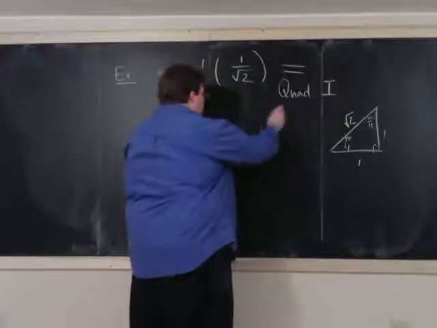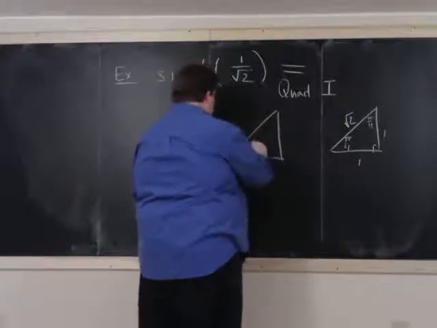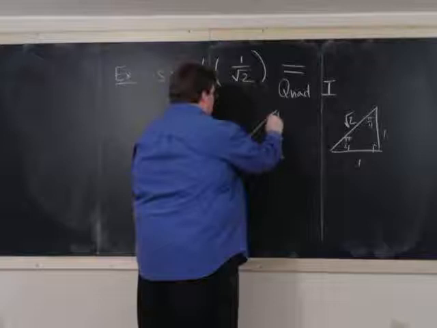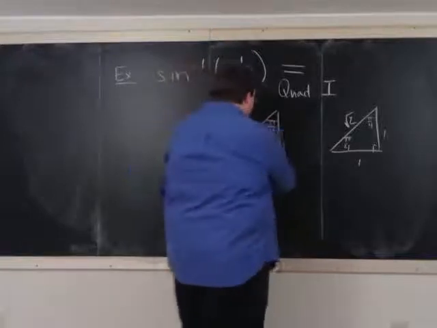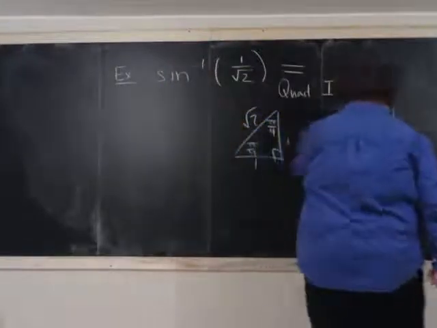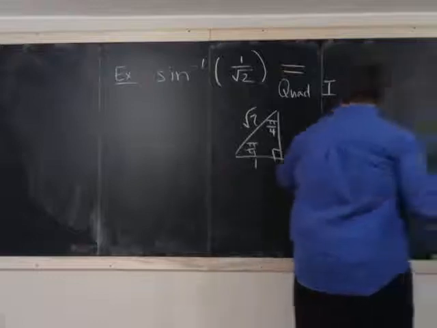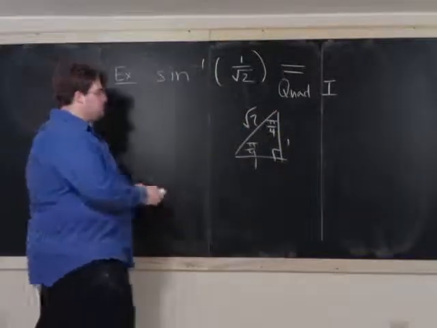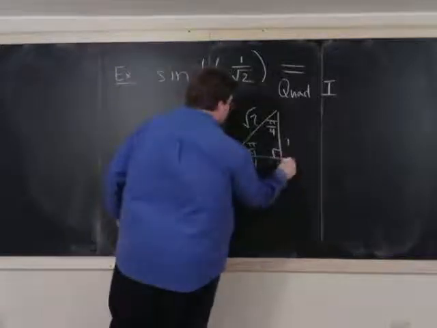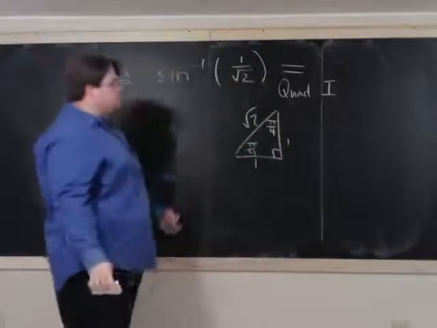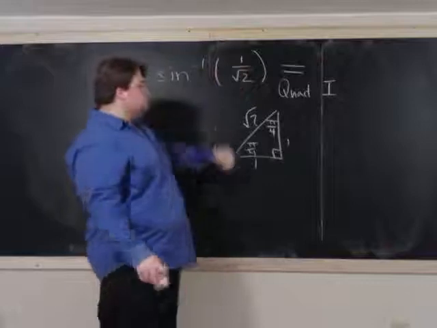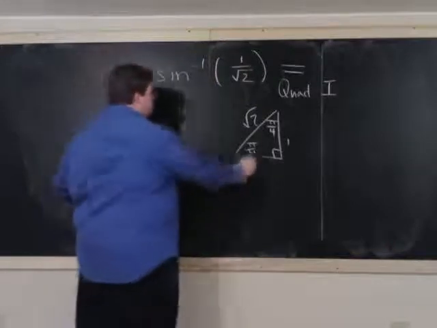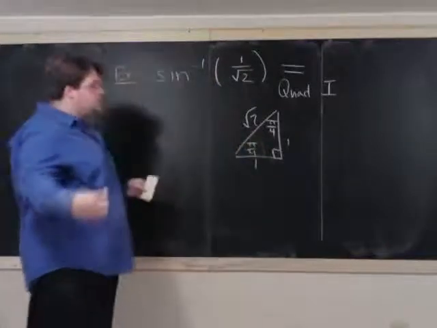Maybe I'll write it over here. Might be nicer if I write it over here, since the answer is going to be up there. Remember, sine is opposite over hypotenuse. Here, we want the opposite over hypotenuse to be 1 over root 2. Well, we can use this angle. We can use the other one, they're the same.